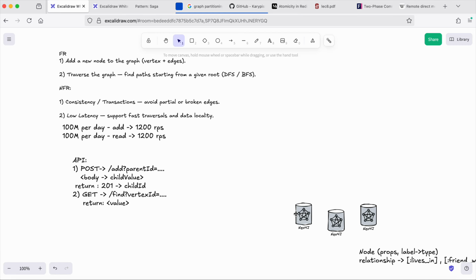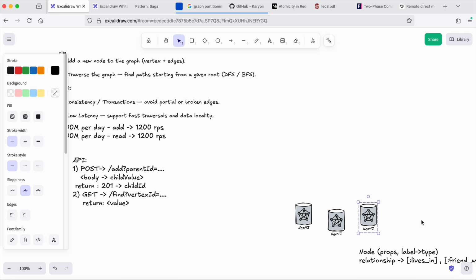So we have Neo4j as a backend there, and under the hood, Neo4j uses both disk storage and in-memory caching. Each node and relationship has a unique identifier and direct links to its neighbors.